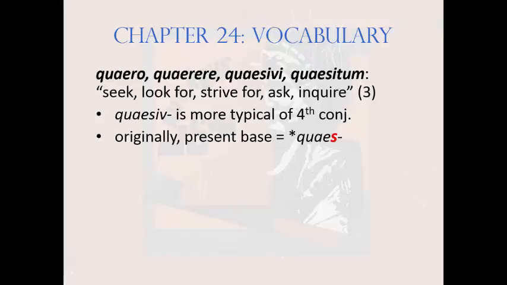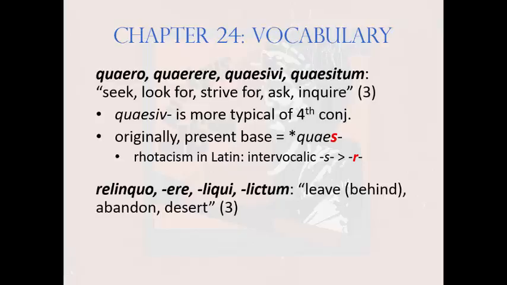Originally the base was quais, but in early Latin there was a process called rhoticism, in which a single S in between vowels changed to R. The result was that quaiso turned into quairo, but rhoticism didn't affect the perfect because it originally had two S's, quaesivi.